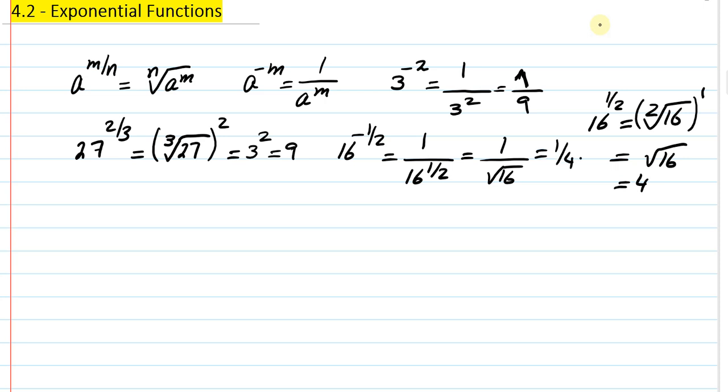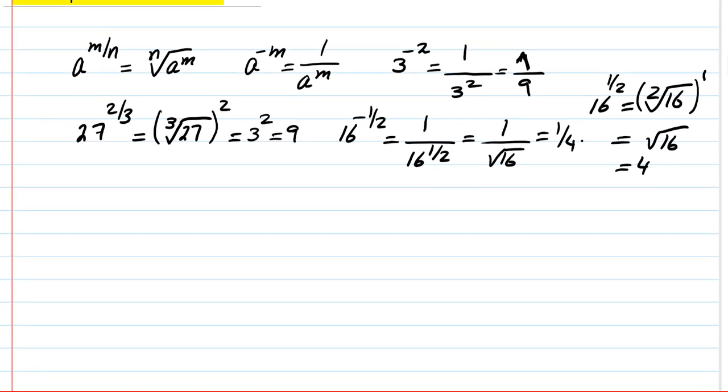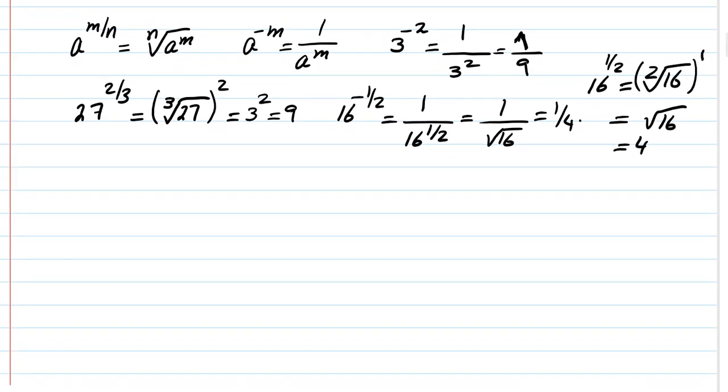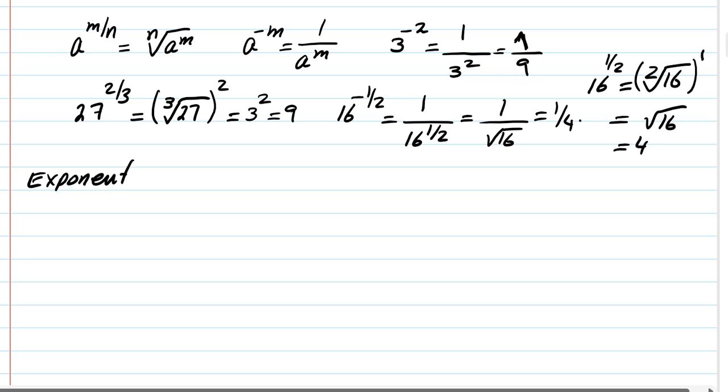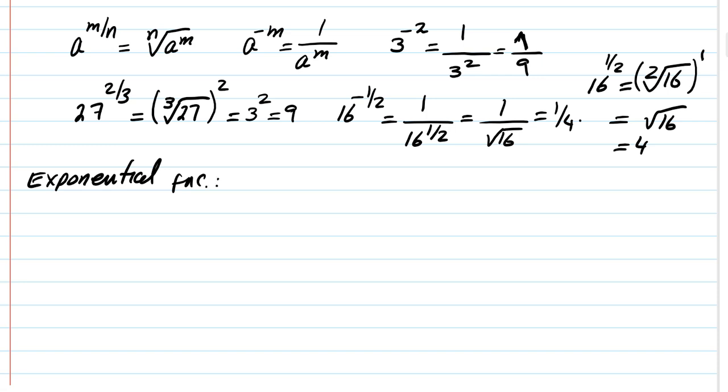Okay, perfect. Now we are in a position to actually talk about exponential functions. Here's my statement. An exponential function is any function that can be written in the form f of x equals a to the x, where a, the base, must be positive, and it cannot be 1.